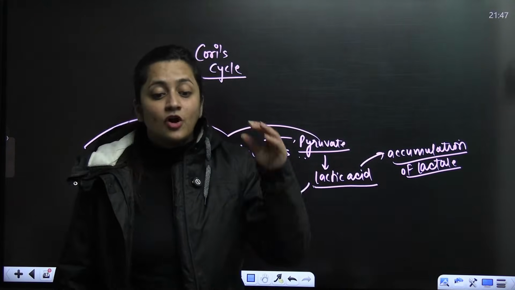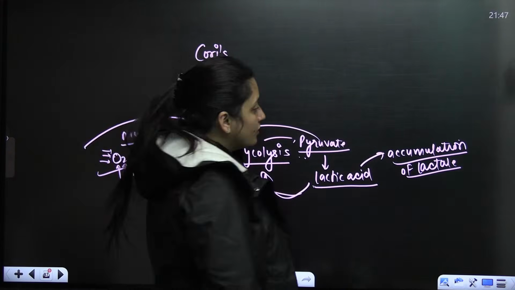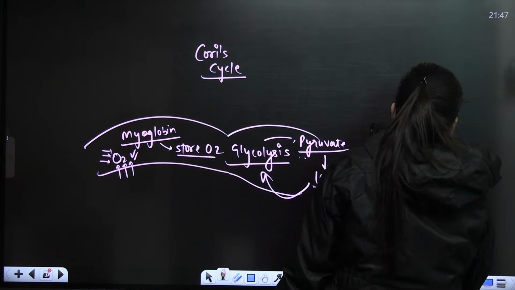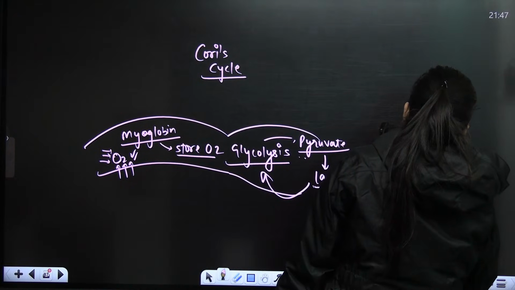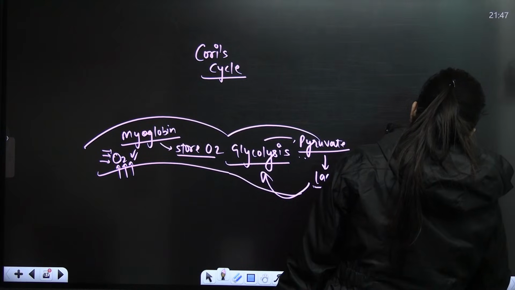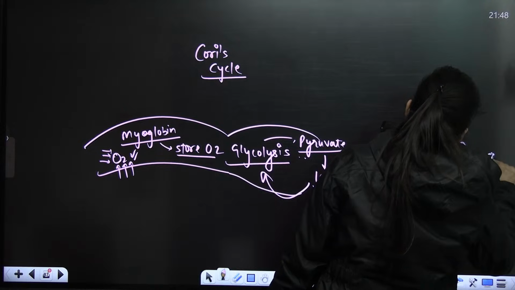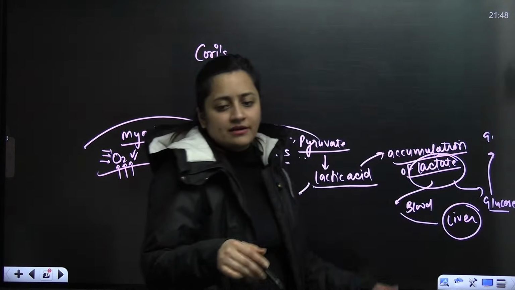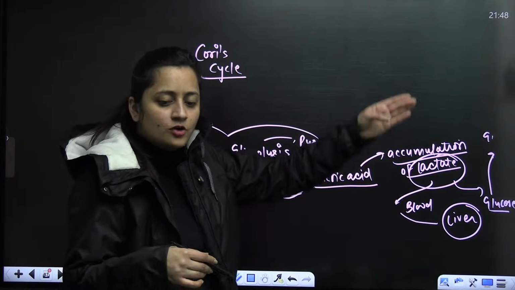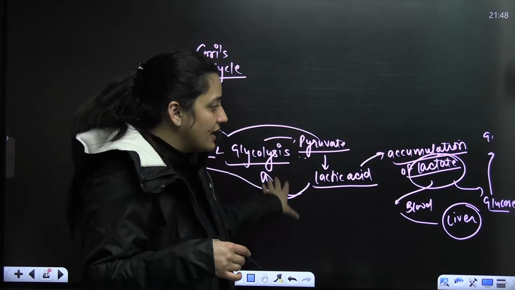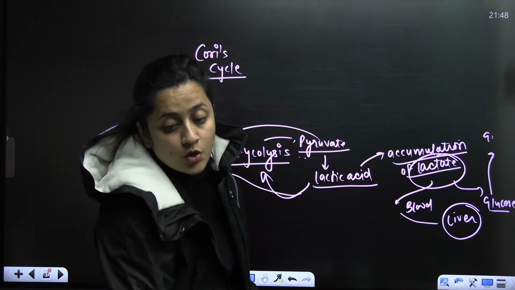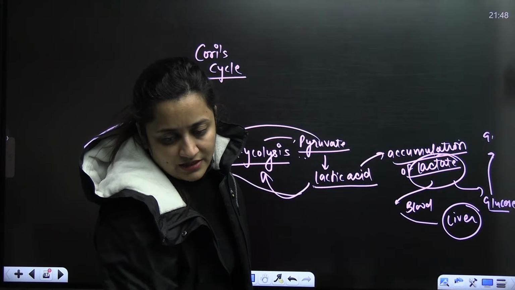But that is not permanent. This lactate is passed by our blood to the liver, where it is converted back to glucose, which can again form glycogen. Then that glucose is carried by our blood back to the muscles. This is the Cori's cycle which takes place in our body.